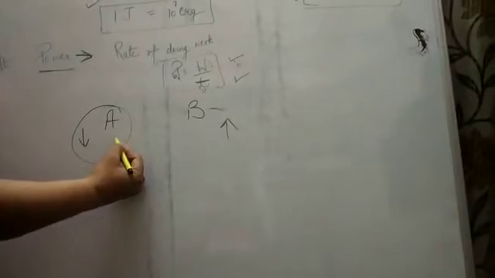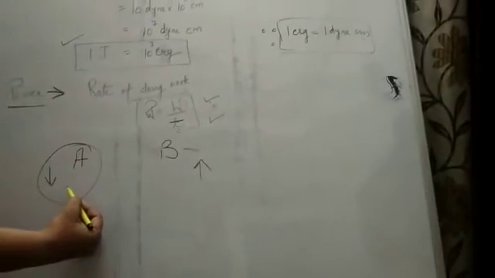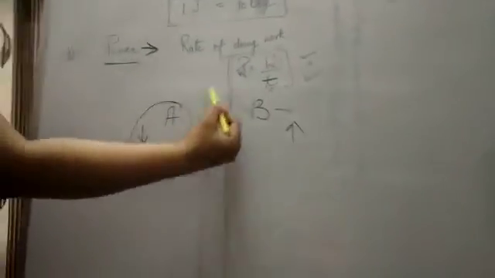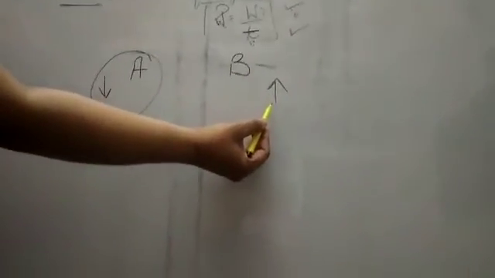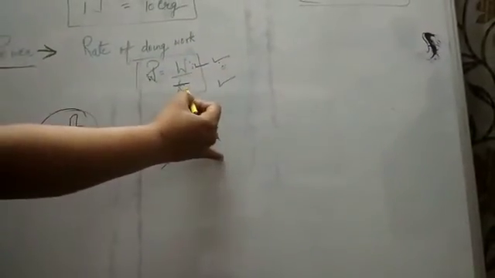So we will say that coolie A, who was taking less time to complete a particular task, will have more power. But on the other hand, a coolie who is taking more time to finish a particular task will have less power. Understood? So power depends upon two factors, that is work done by the source and the time taken by the source.